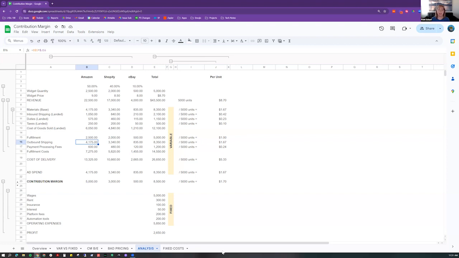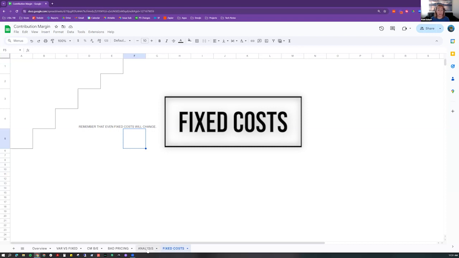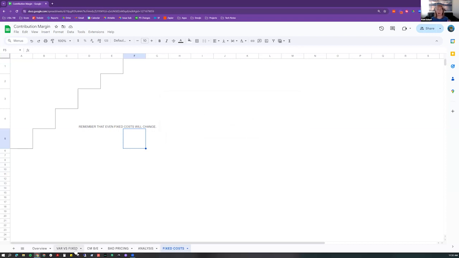I want to make one last comment before letting you go, which is fixed costs. I think a lot of people, when they're talking about variable costs versus fixed costs, sometimes forget that fixed costs, just because they're fixed, doesn't mean they can't change. As your business grows, you might need additional help. You might need additional storage.